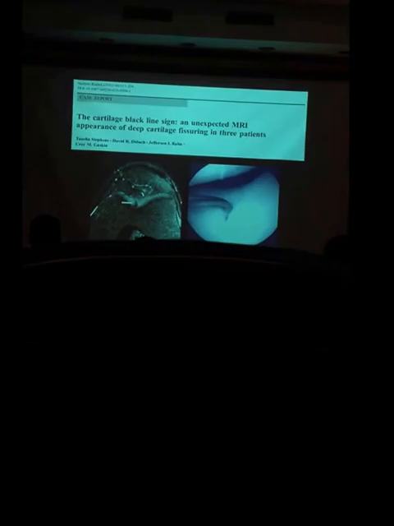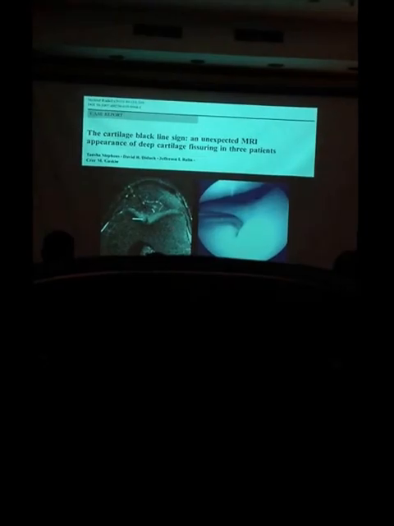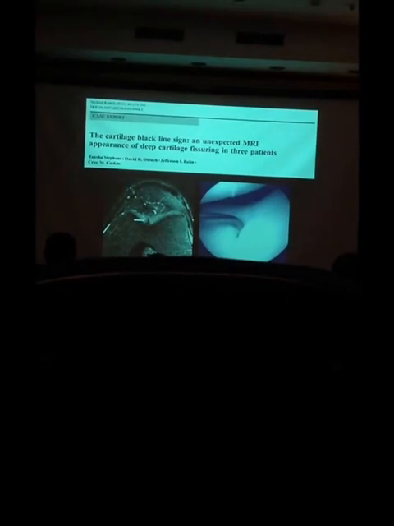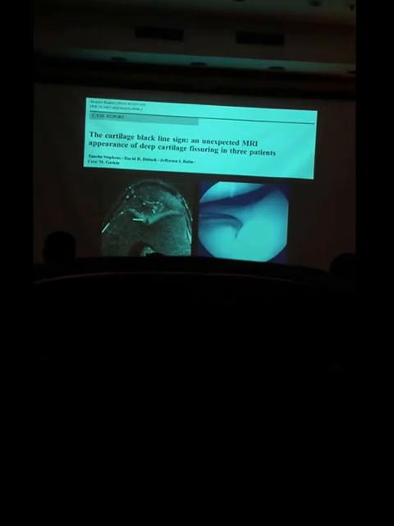They did perform arthroscopy in some of the patients, and they found a deep fissuring of cartilage. And that's a problem. In this case, they don't even have any subchondral bone marrow change involved. So this is very tricky. I often describe this in the report, saying that it might represent cartilage pathology or cartilage fissuring, because we really cannot be sure what's going on.